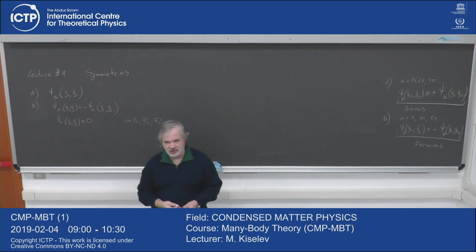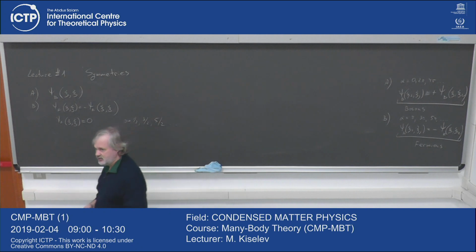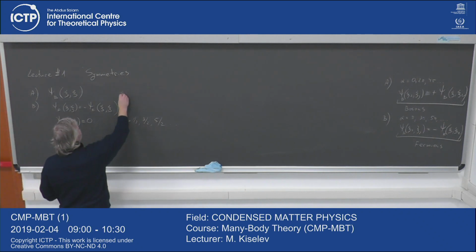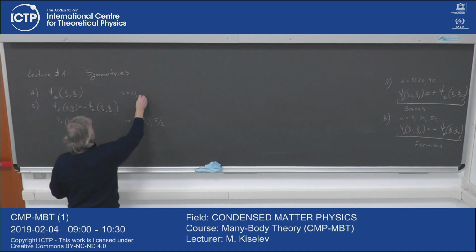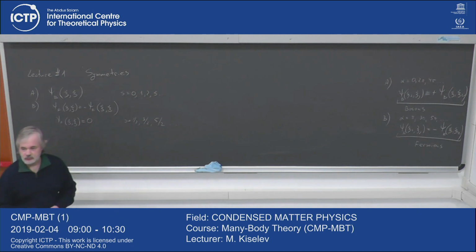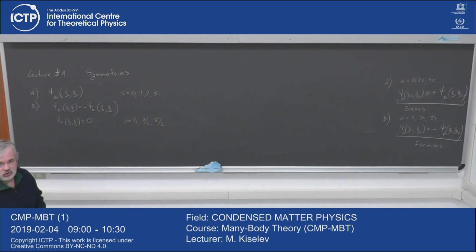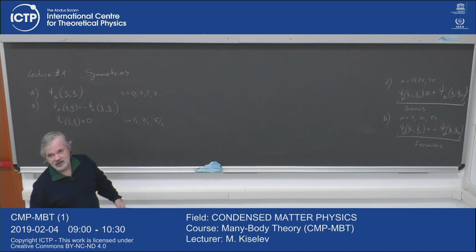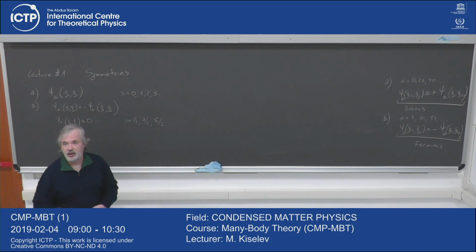This is half-integer spin, like we will see on Wednesday, that electrons and holes in a Fermi gas or Fermi liquid are excitations with spin 1/2, while bosonic systems, bosons, are characterized by integer values of spin. So we have spin equal to 0, spin equal to 1, 2, 3. For example, phonons, which you have already discussed, are excitations with spin 0. Magnons are excitations with spin 1.